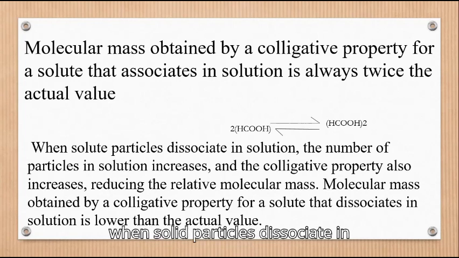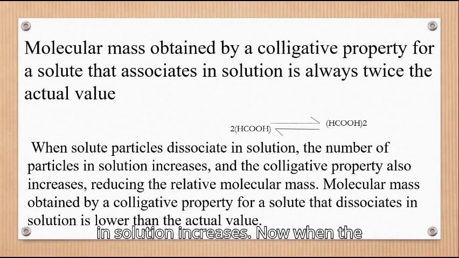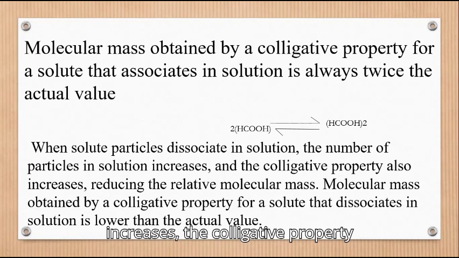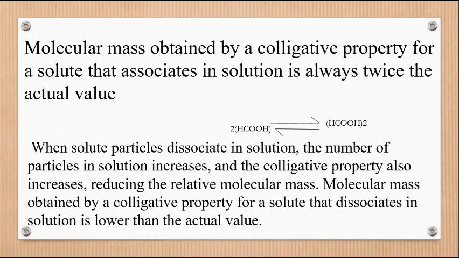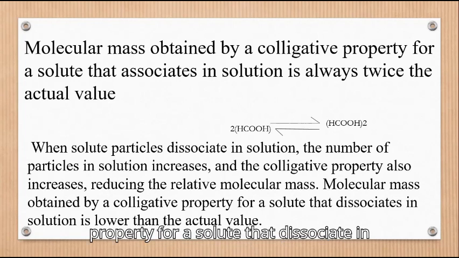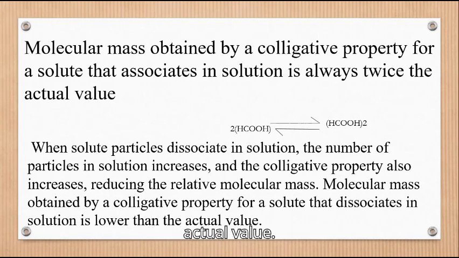Then when solute particles dissociate in solution, the number of particles in solution increases. Now when the number of particles in the solution increases, the colligative property also increases. This reduces the relative molecular mass. The molecular mass obtained by colligative property for a solute that dissociates in a solution is always lower than the actual value.